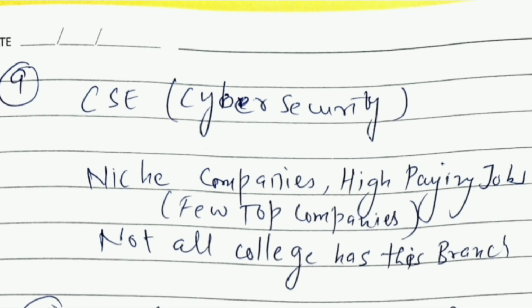Companies may be fewer, but if you have the certification, your salaries will be very high, and your salary will keep on increasing with your years of experience. In the starting you may get average packages, but after 20 or 30 years, you will have very good prospects if you stay in this line.